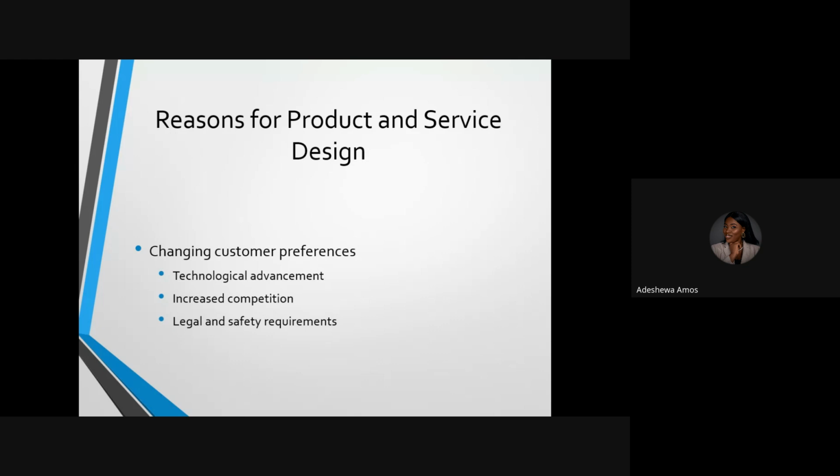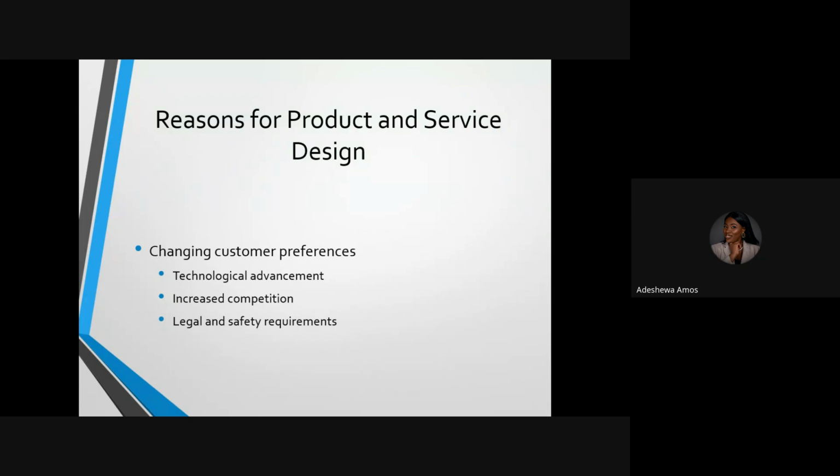Then technological advancement. Technology changes and advances day in and day out. We used to do things like this 5 years ago, but now we no longer do them like this. Maybe 10 years ago, online lectures was not a big deal, but now it's a big thing.